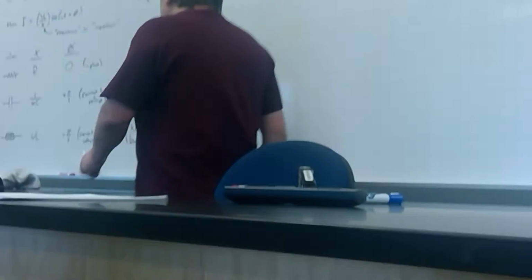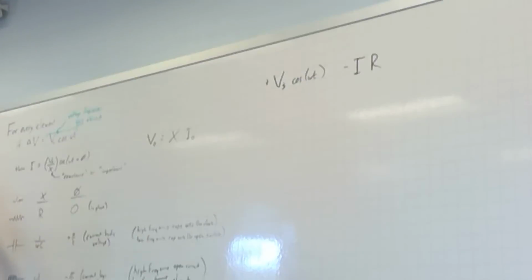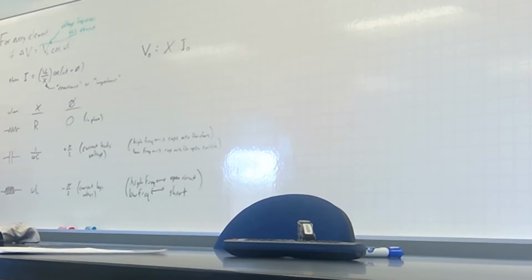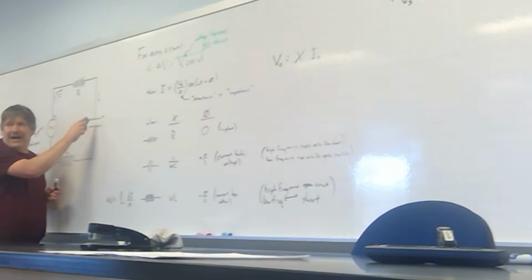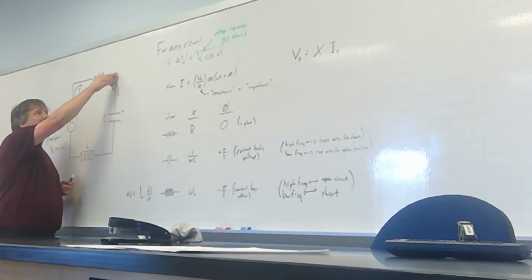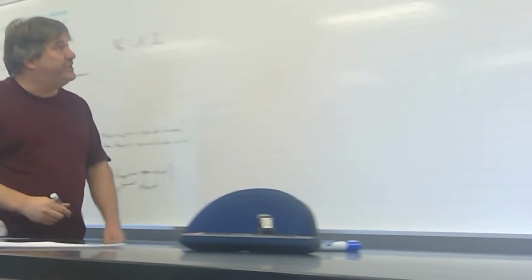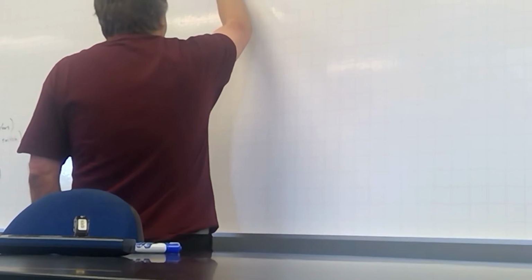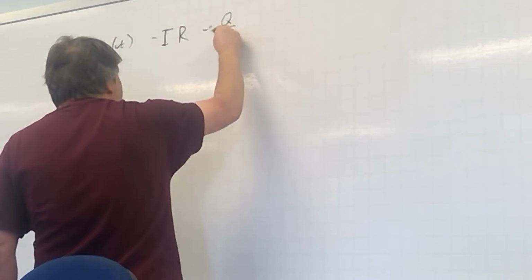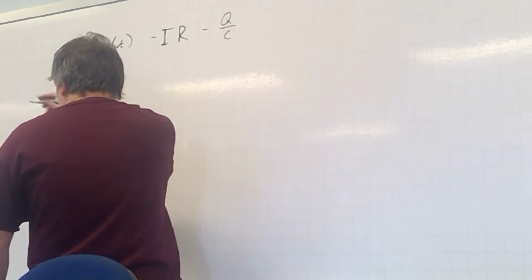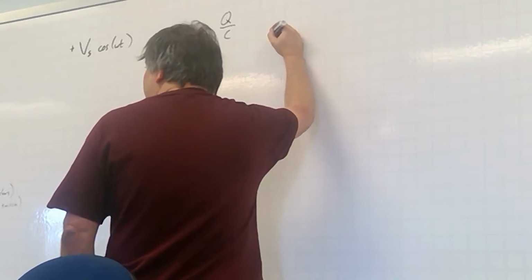Then I hit the capacitor. And again, I want my canonically positive direction for current to be compatible with my canonically positive plate on the capacitor, so that my current feeds the capacitor. So I'll say, yeah, now I should get minus Q over C. The voltage should drop as I cross that capacitor, if that positive plate is the one carrying positive charge.